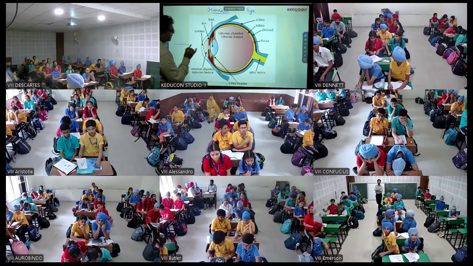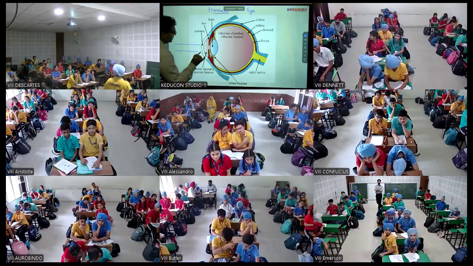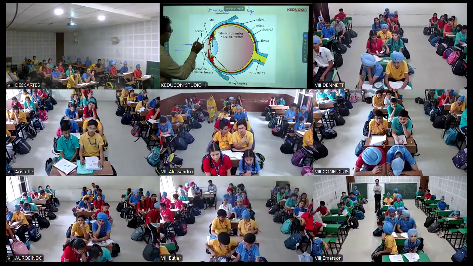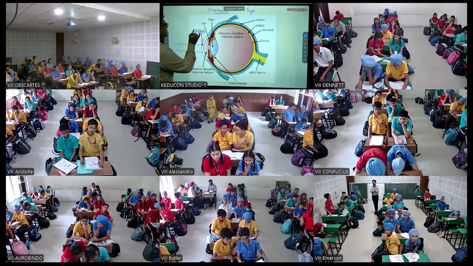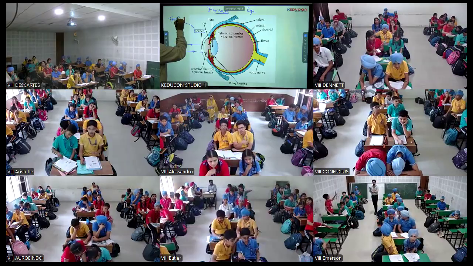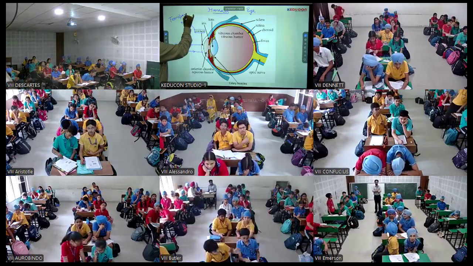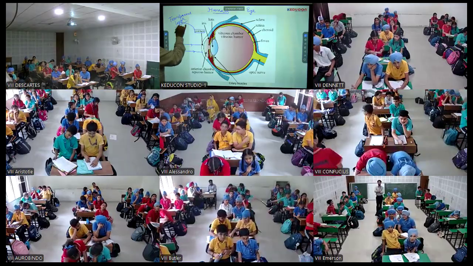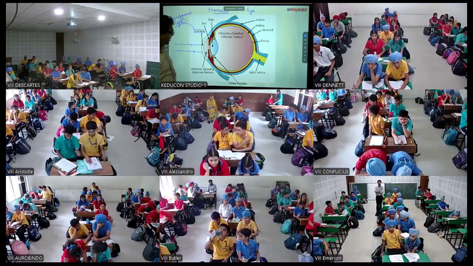When light comes from the object, it first passes through a transparent layer called the cornea. Maximum refraction takes place at the cornea layer.